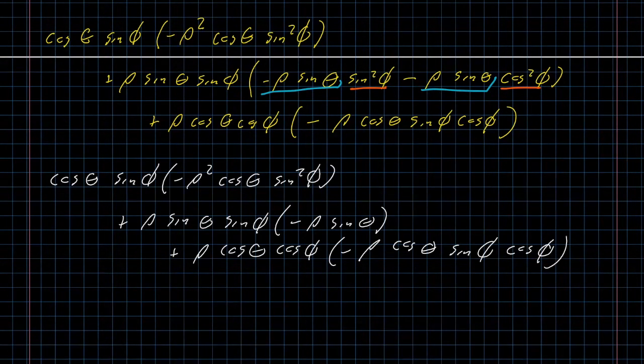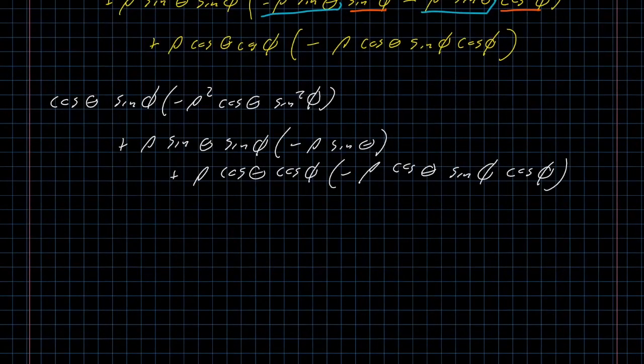Before I take the time to expand these things together, cosine theta times cosine theta, I'm going to leave that a little bit weird. I'm going to have that as sine phi times sine squared phi, because again, I have the Pythagorean identities in my mind, and I'm kind of hopeful that that sine squared phi is going to find a cosine squared phi to become good friends with later on.